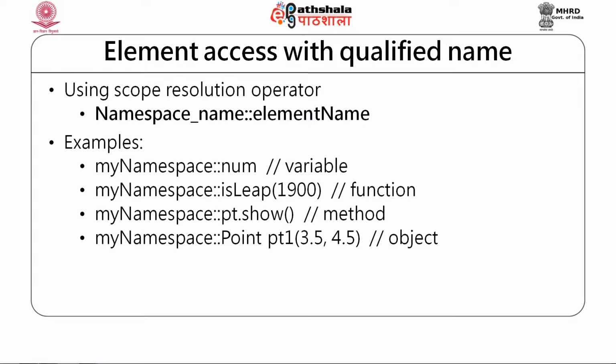To use the method of the object, we can use MyNamespace::pt.show. Here show is the method, pt is the object of class Point. To create the instance of the Point class, here we have used MyNamespace::Point. Let us say we are creating Point instance pt1 with initial values of x and y as 3.5 and 4.5. So, this way we can call the constructor also.